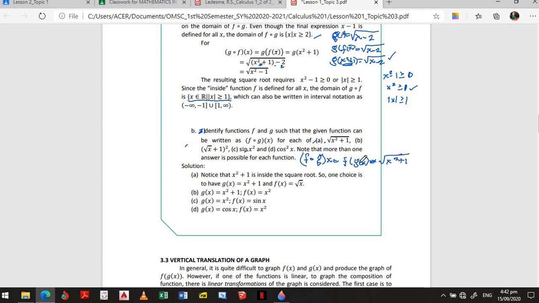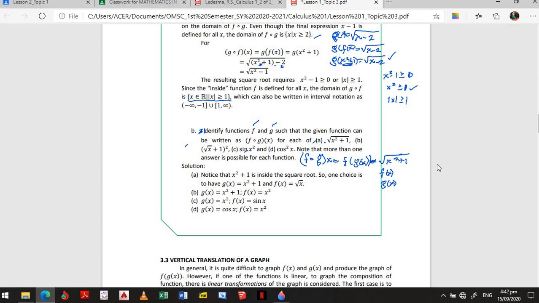So, how do we define? Since f of g of x is defined na po siya as square root of x squared plus 1. So, ang hinahanap po natin dito is yung function na f and function of g. So, what is our f of x here, and what is also our g of x?